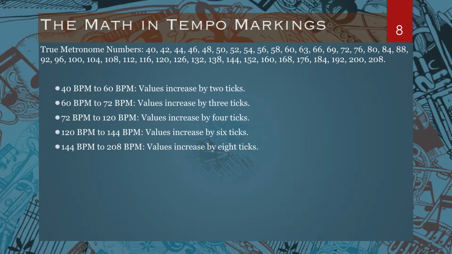From 72 to 120, notice that the values increase by 4. From 120 to 144, the values increase by 6. And from 144 to 208, the values increase by 8. So the idea is that the faster the tempo is, the less important a single tick actually matters.